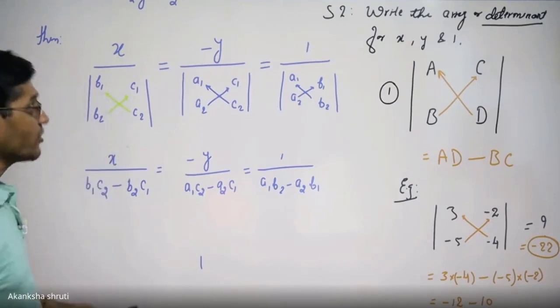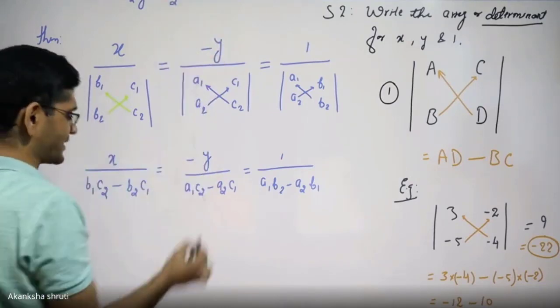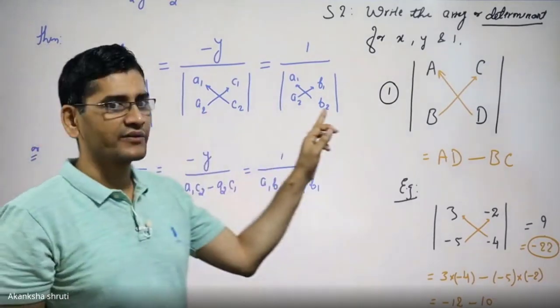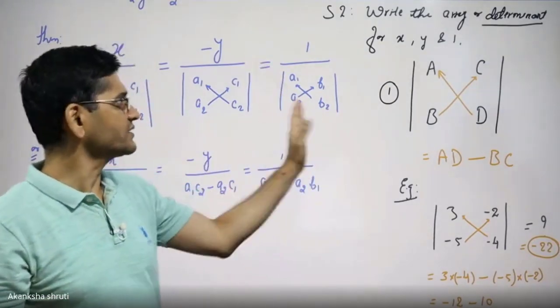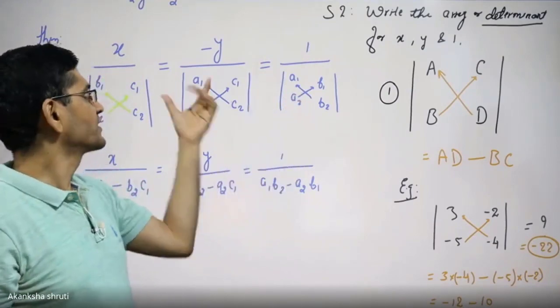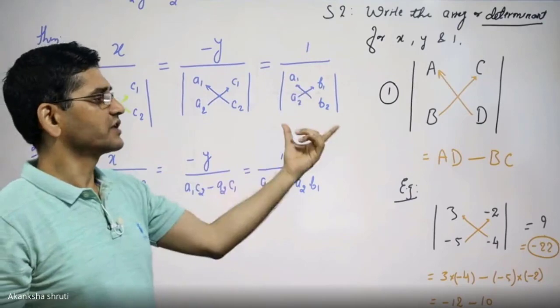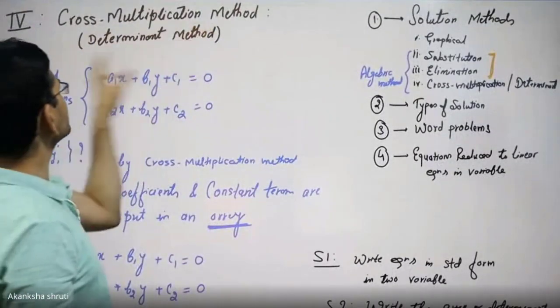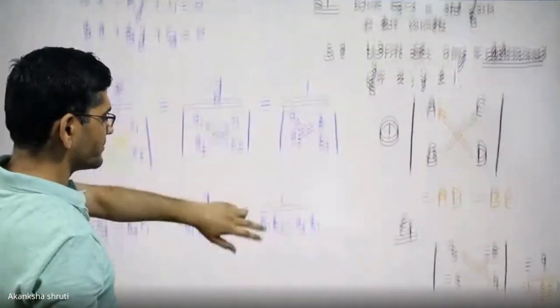That's why it is also called the cross multiplication method. So the name is taken from here. Whether you cross the coefficients and constants, or write it in determinant form, calling it the cross multiplication or determinant method means the same thing.